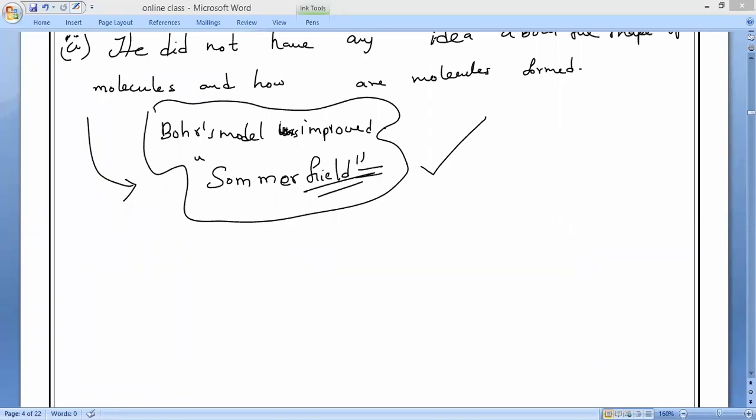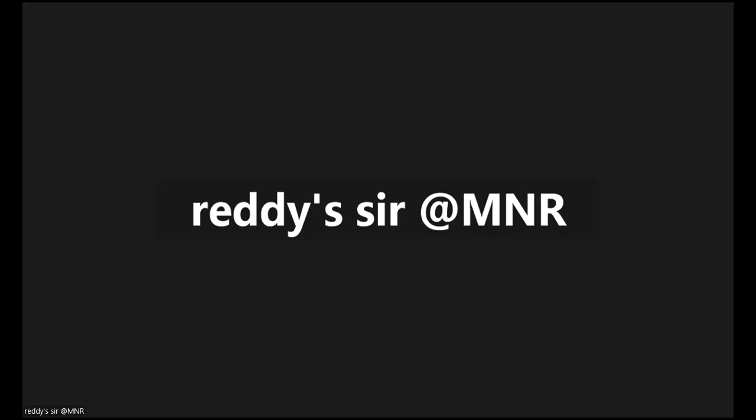In your NCERT, you need to read up to page number 50, where you'll find a concept called valency. Read the entire text up to that point and ask me any doubts in tomorrow's class.